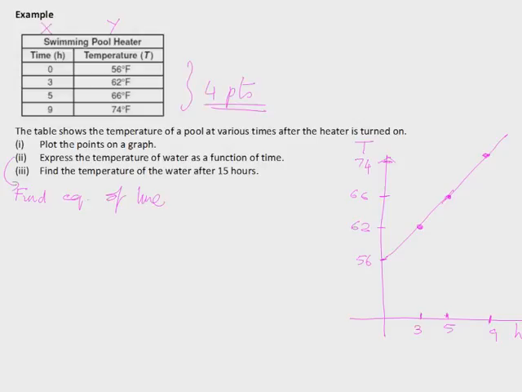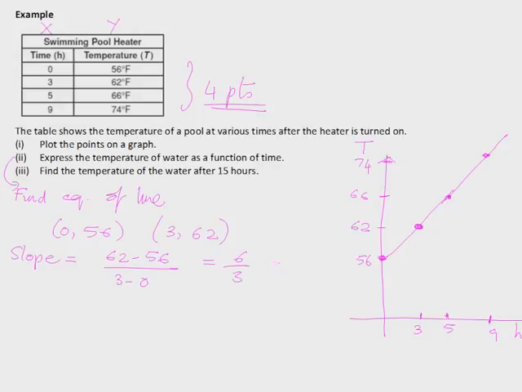So I take any 2 points and I find the equation. Let's take the first 2 points. So the first point is 0, 56 and the second is 3, 62. So what's the slope? Well, the slope is easy. It's 62 minus 56 over 3 minus 0.